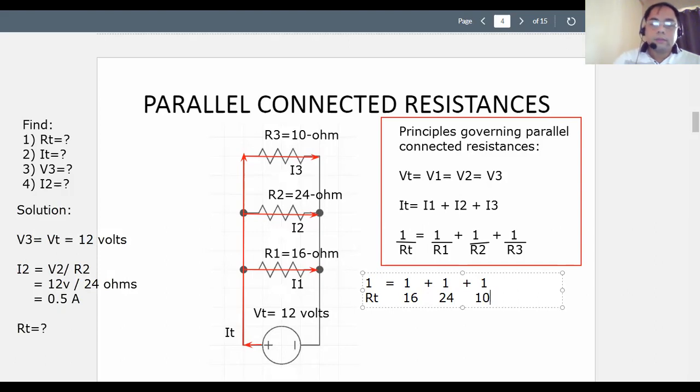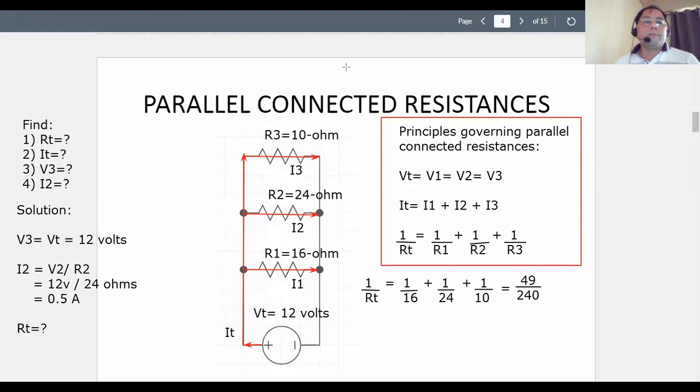So we get the reciprocals of our values here, expressing our value as a fraction. The reciprocal of the total resistance, 1 over RT, is 1 over 16 plus 1 over 24 plus 1 over 10. And our answer is 49 over 240.